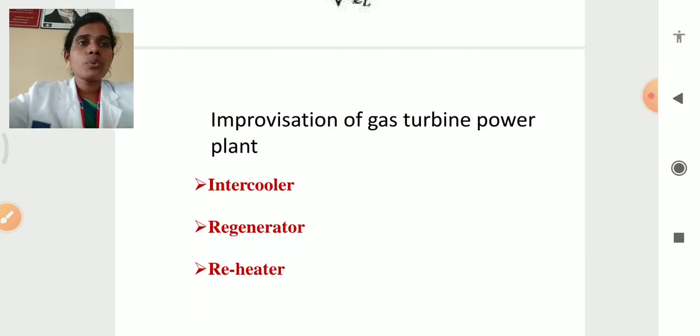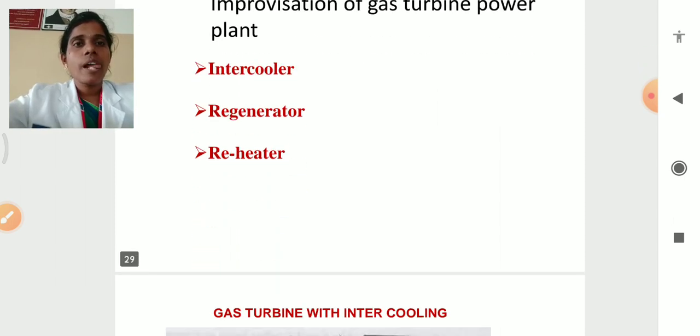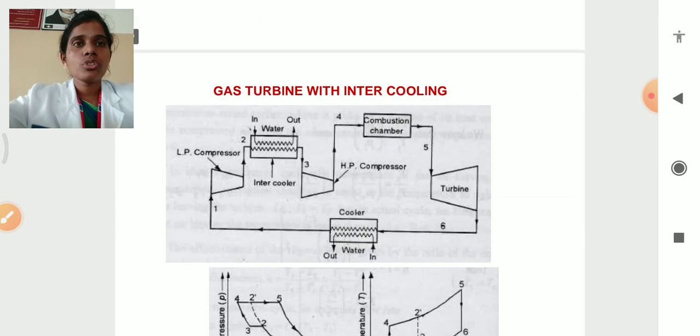In order to improve the gas turbine power plant, we have to provide an intercooler, regenerator and reheater. Here is the gas turbine with intercooler circuit. The intercooler circuit consists of a low pressure compressor and a high pressure compressor in order to maintain the pressure level. From the water intercooler, the compressed air at low temperature is fed to the high pressure compressor and then passed to the combustion chamber.